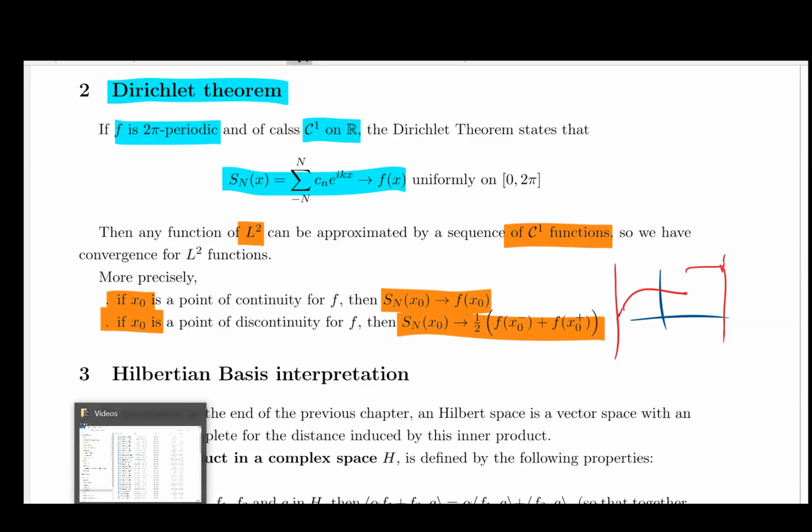It means that I will have periodized my function like this. Okay, so you can create the corresponding Fourier series, whether you're using the complex expansion or just the trigonometric expansion, and you have convergence everywhere the function is continuous. So here, here, here, and at points of discontinuity like this, the series pointwise converges to the mean value. Okay, so the series converges to the mean value of the function at the point of discontinuity.